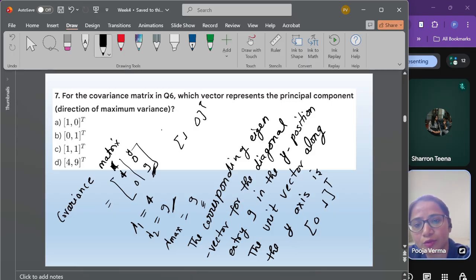If 4 were the highest eigenvalue, it would be in position x, and the eigenvector would be represented by 1 0. But here it is related to position y, so the unit vector along the y axis is represented by 0 1 transpose. Okay, so option B is the correct answer for this question.